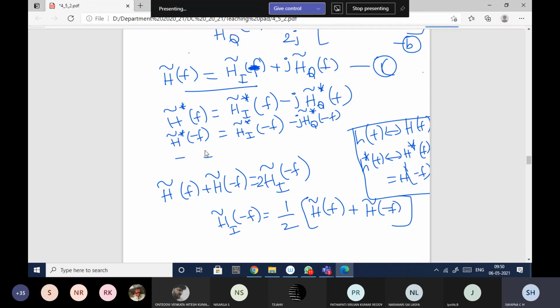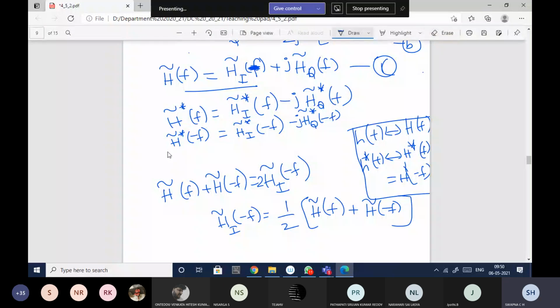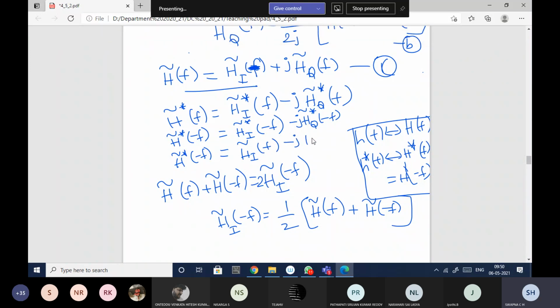Left hand side, let it be in the same way. Here it will be h_q plus f. And this is my D now.